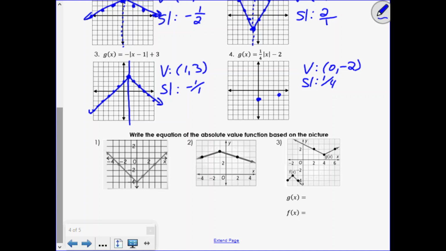So this is a very shallow V. What are the transformations that took place? It was compressed, that's why it's so shallow, so flattened out. And it went down. Okay. So you can see, after you graph the picture, you can compare the picture to the equation. You can use both of those together to figure out what the transformations are.